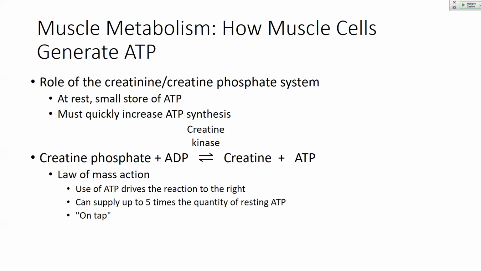And we create additional creatine phosphate that's going to be just sitting there waiting for the next time we need this system. And that's what we mean by saying on tap. So on tap means that if we have excess ATP, we drive this reaction to the left, and we replenish the creatine phosphate, and that's going to be sitting waiting for the next time we need to tap into this transient source of energy.